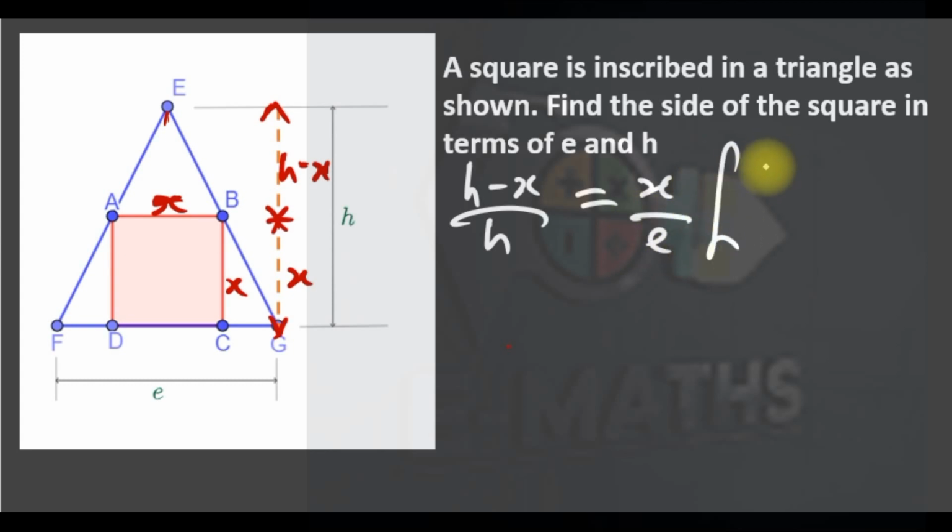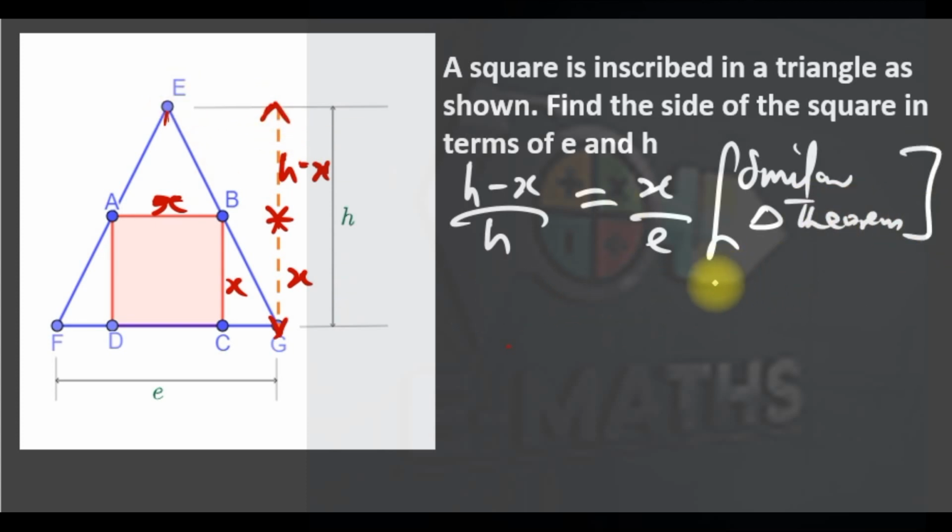That's by the similar triangle theorem, because triangle EAB is similar to triangle EFG. This small triangle is similar to the big one.